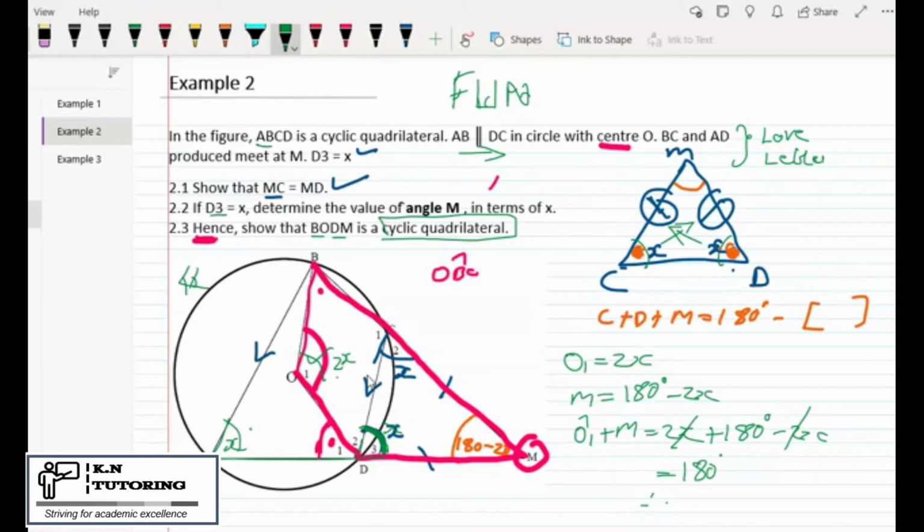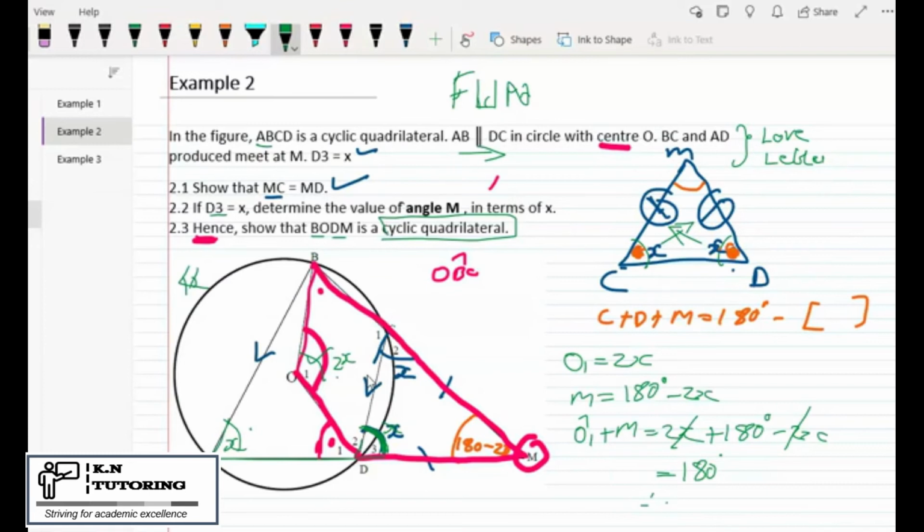But remember, when you give a reason, you don't say base angles of an isosceles triangle, but you say angles opposite equal sides of an isosceles triangle are equal, because the corresponding sides are also equal. Okay? And then from there we use the sum of angles of a triangle, because they are formed in triangle MCD. And then from there, how do we prove that BODM is a cyclic quad?